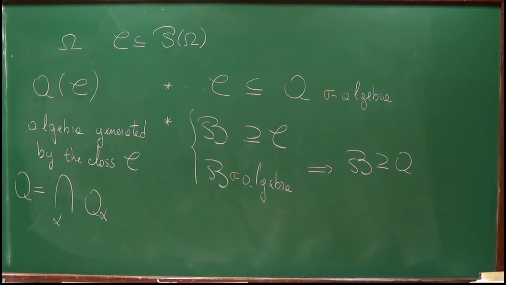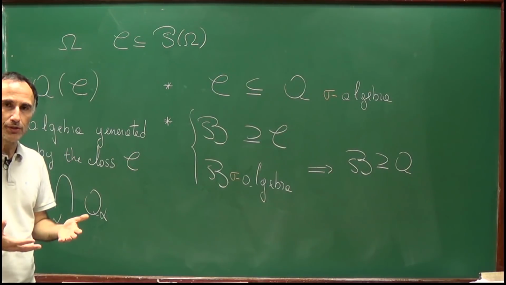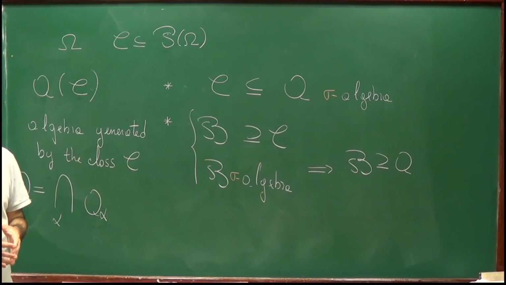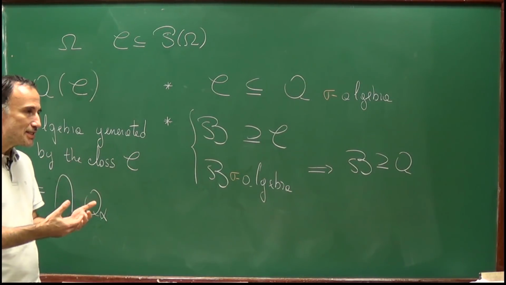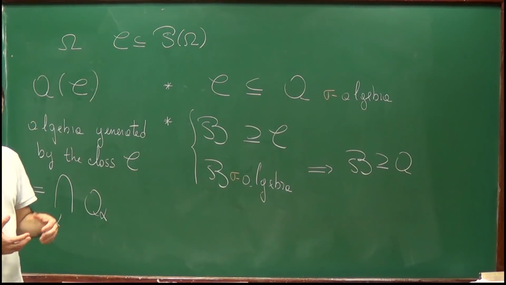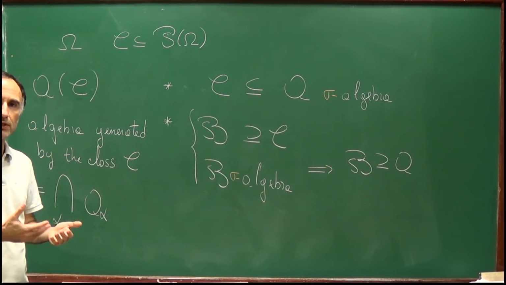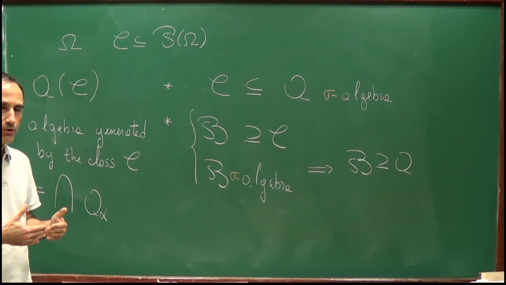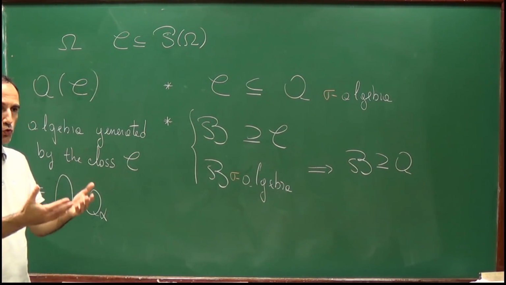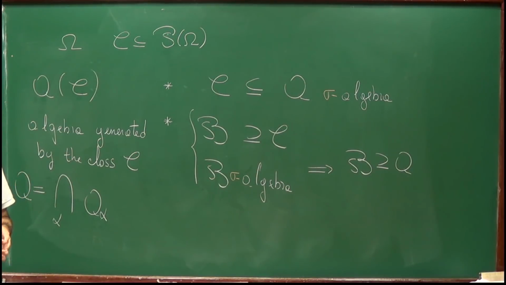This is not the case for sigma-algebras. We have no idea of what are the sets in the sigma-algebra generated by a semi-algebra. We have no expression to describe these sets. We have no explicit formula for these sets. And this will be one of the major difficulties in extending the measure from the semi-algebra to the sigma-algebra generated by the semi-algebra.